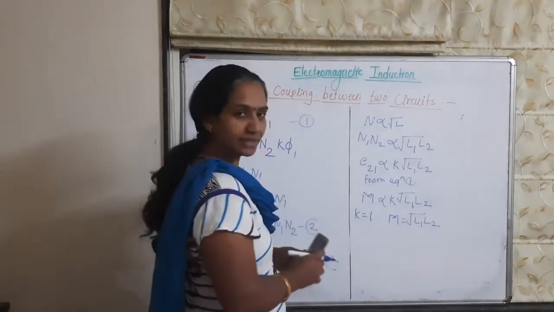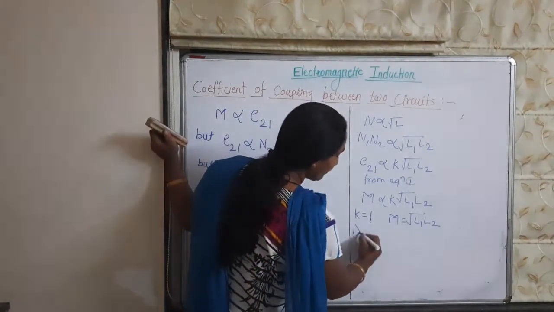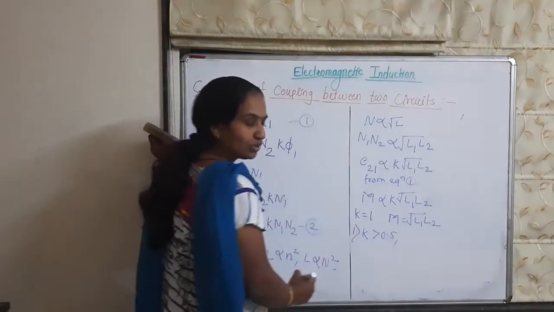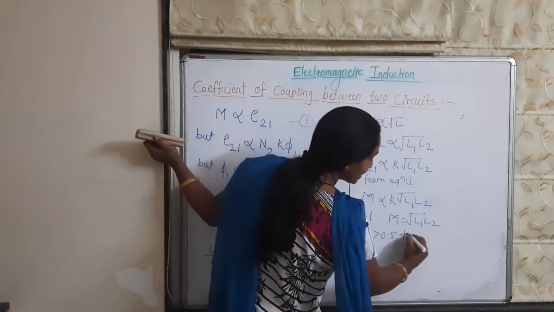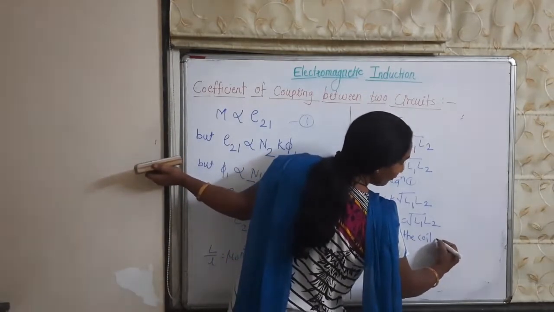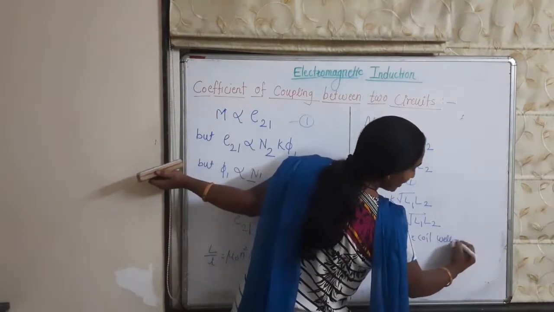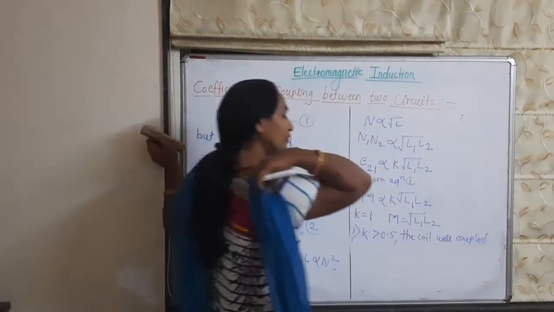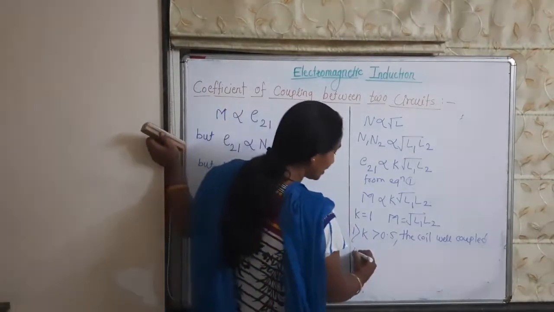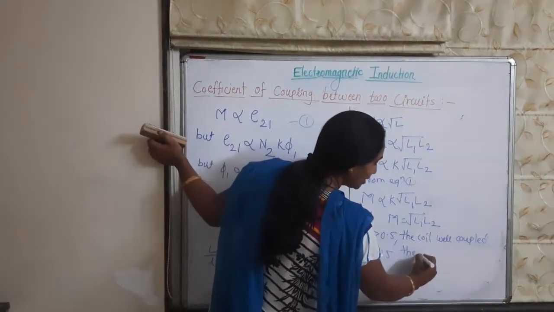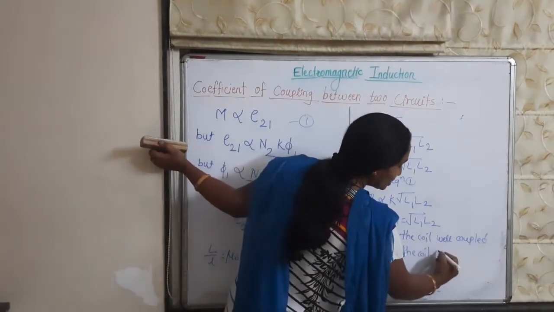There are three cases. If the K value is greater than 0.5, then the coil is said to be well coupled. If the K value is smaller than 0.5, then the coil is said to be loosely coupled.